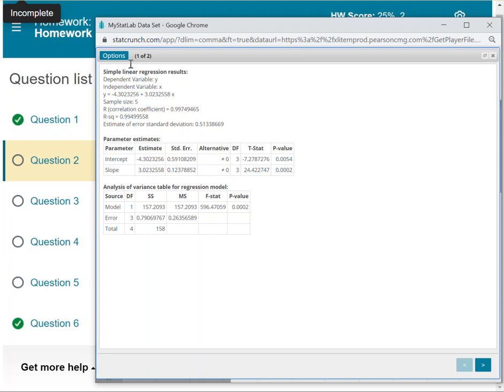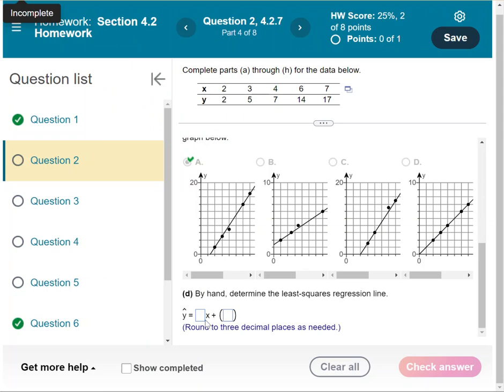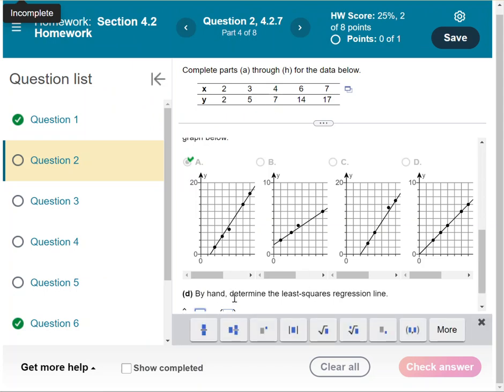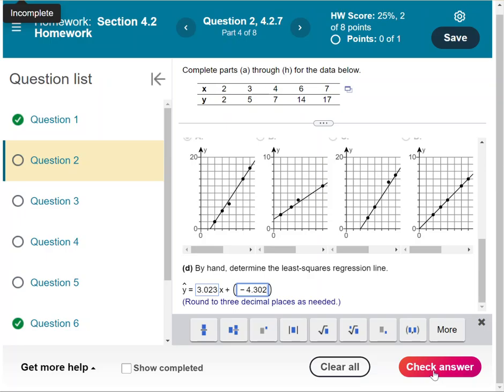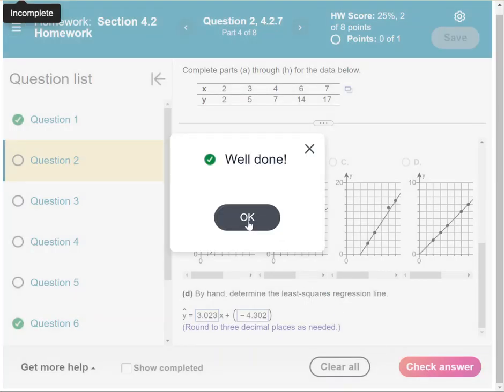All right, so let me go back. So y equals 3.023x plus a negative 4.302. So let's go ahead and check our answer.